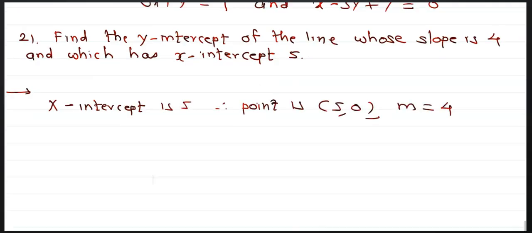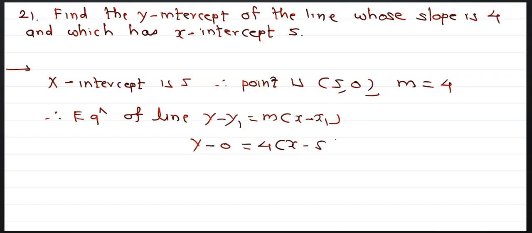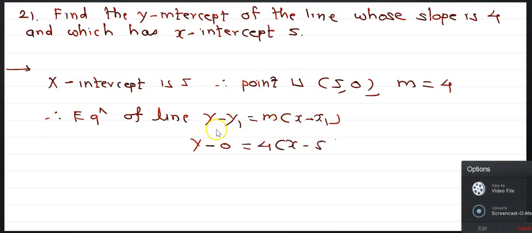X-intercept is 5. Point is (5, 0). M is equal to 4. That is y minus y1 is equal to M in bracket x minus x1. X-intercept 5 means the line touches the x-axis at 5.